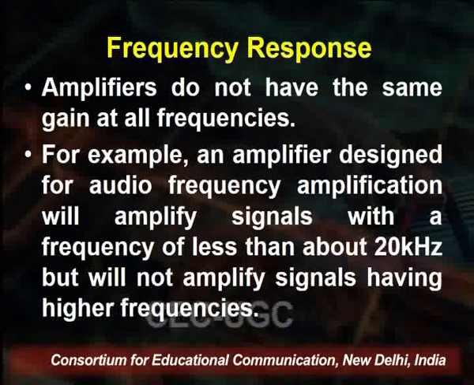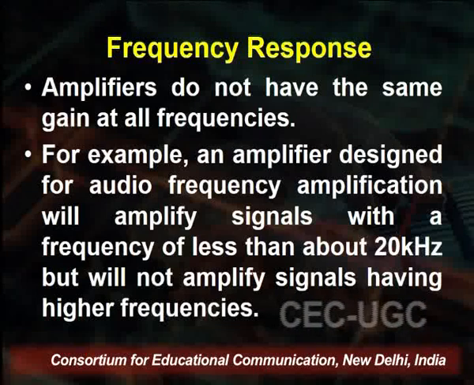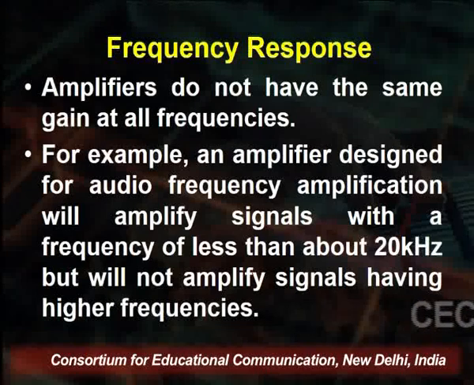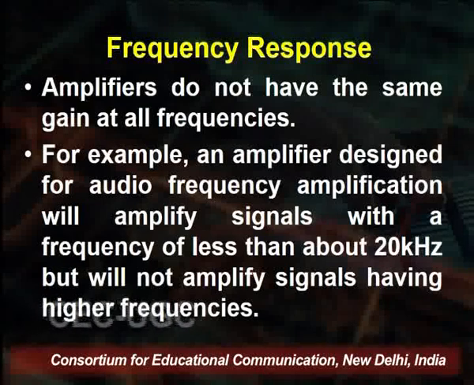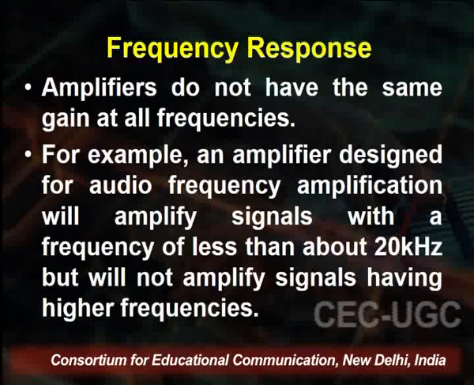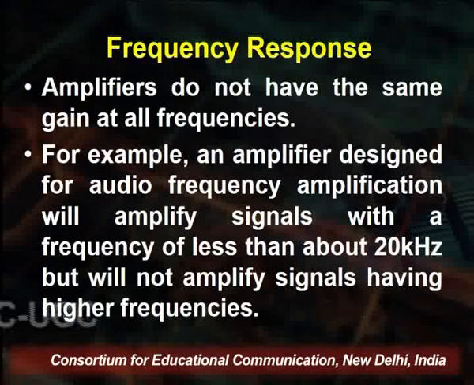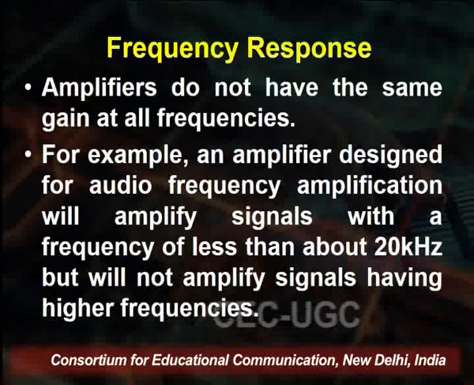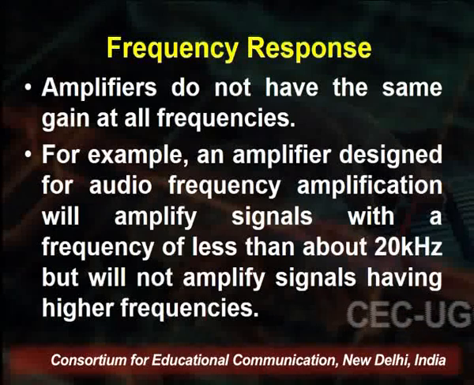The amplifier parameters also depend on the frequency. So amplifiers do not have the same gain at all frequencies. If the frequency changes, the gain will be different. For example, an amplifier designed for audio frequency applications will amplify signals with a frequency less than 20 kilohertz, but not amplify signals having a higher frequency.